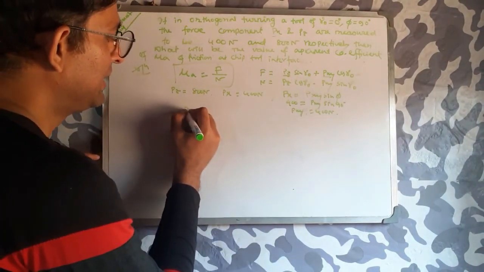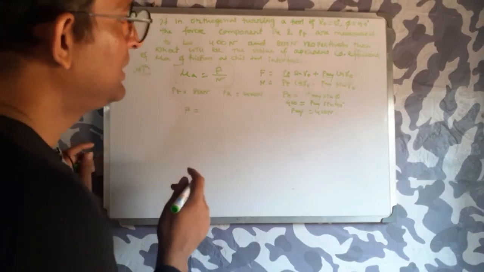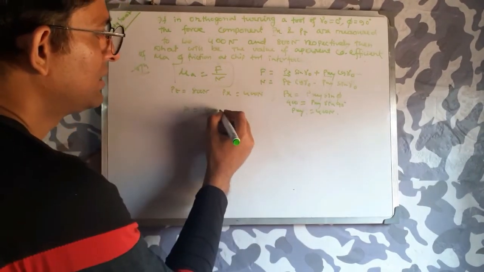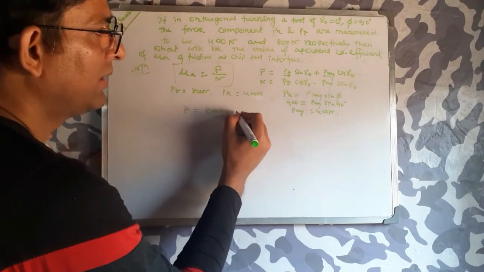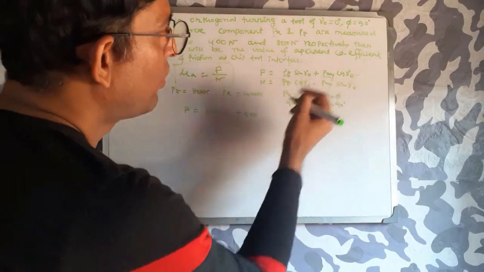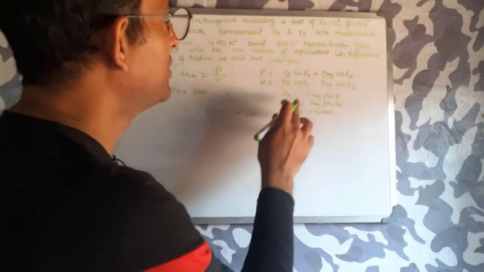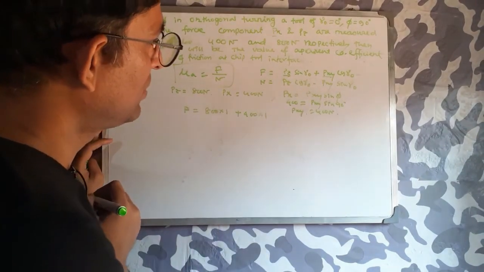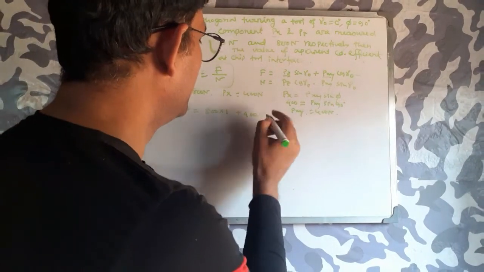So F is equal to Pz, 800, times sin gamma 0, which is sin 90, means 1, plus Pxy, 400, times cos gamma 0. Cos 90 means 0.